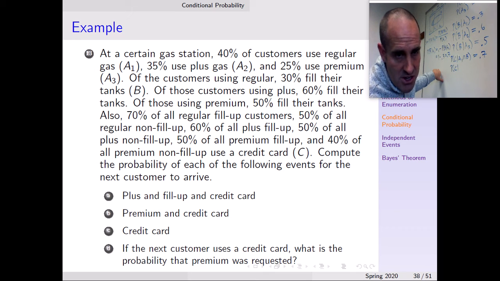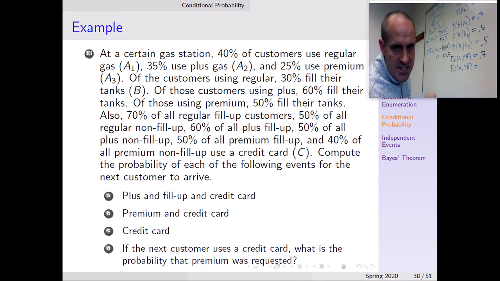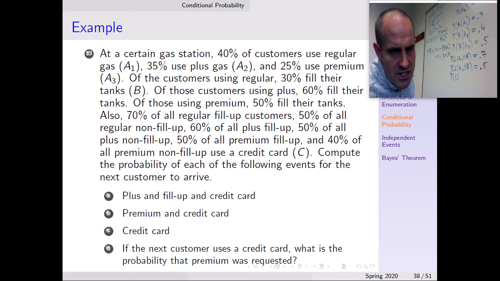The probability that they use a credit card given what's the other one? 50% of all regular non-fill-up, so A1 and B bar. That's 50%. Next, plus fill up.